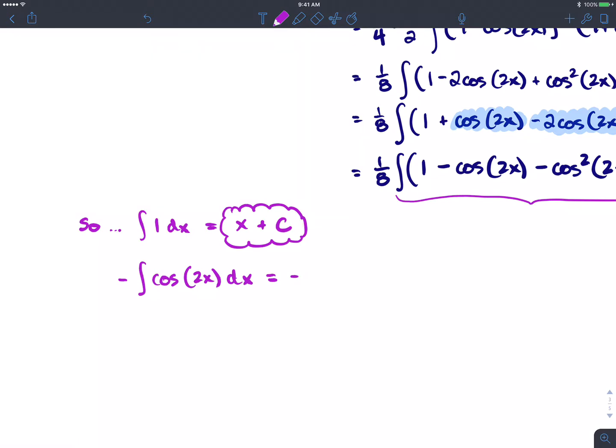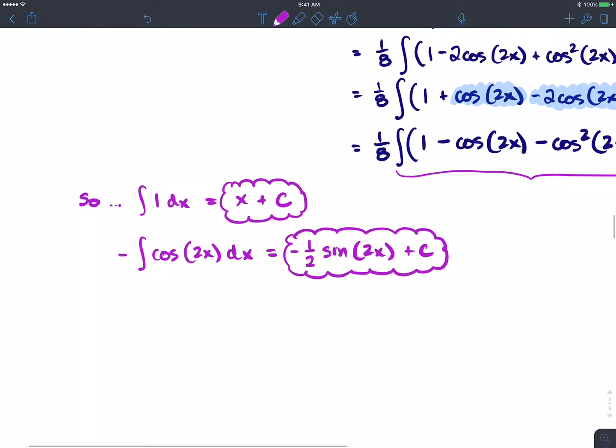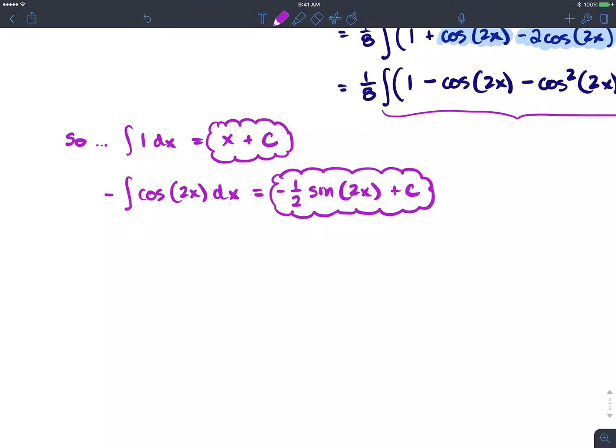That's just going to end up being negative, from the negative outside the integral, 1 over 2 sine of 2x plus c. All right, so we've got that one to add on later as well. I hope you enjoyed those easy ones, because now it's not going to be quite as fun. So the next one is negative cosine squared 2x.